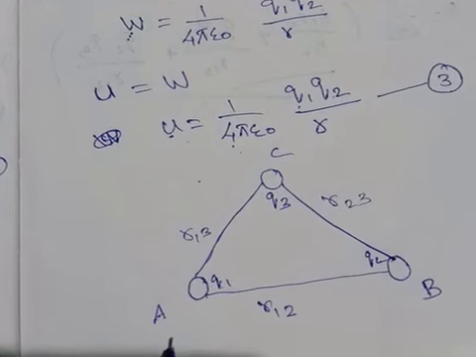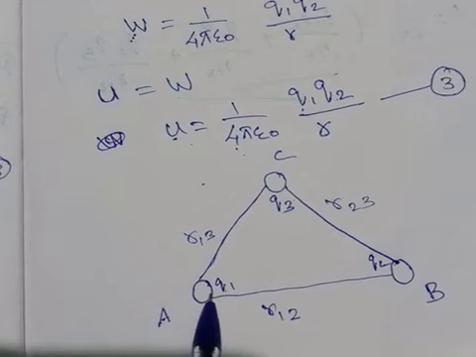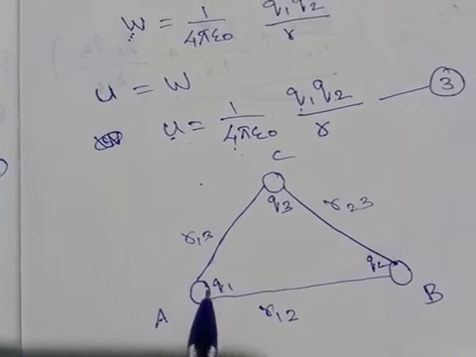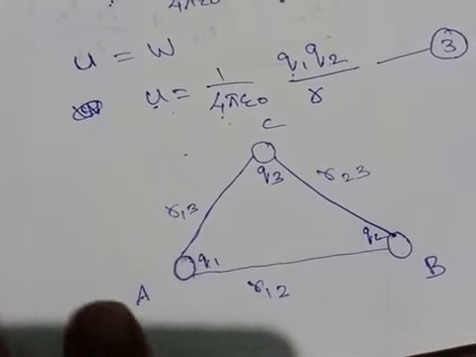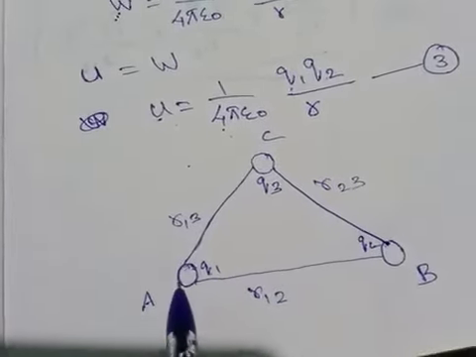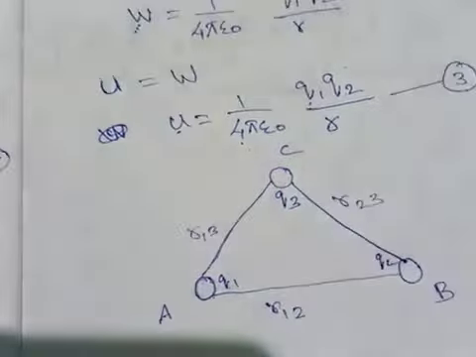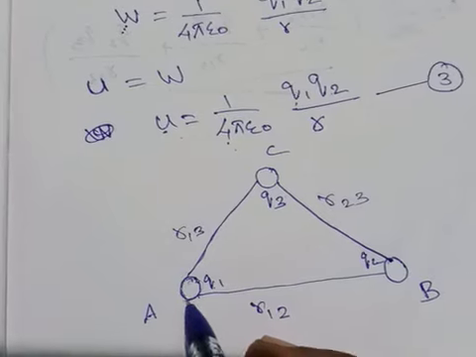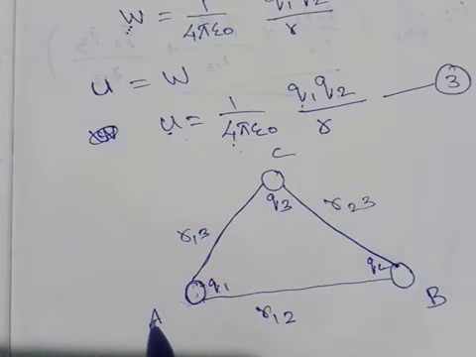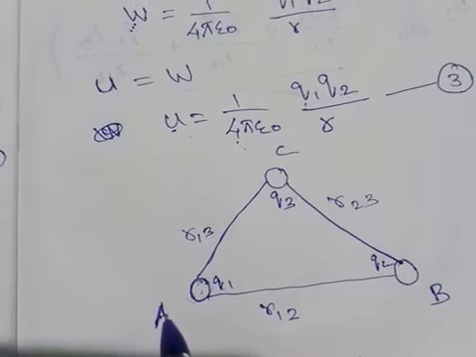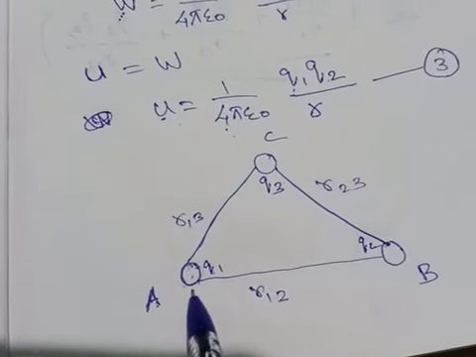The first thing is, to bring this charge Q1 from infinity, there is no need of any work. Assume that there is nothing here. Now you are bringing the charge Q1 from somewhere to the point A. To bring this charge to point A, no work is required.